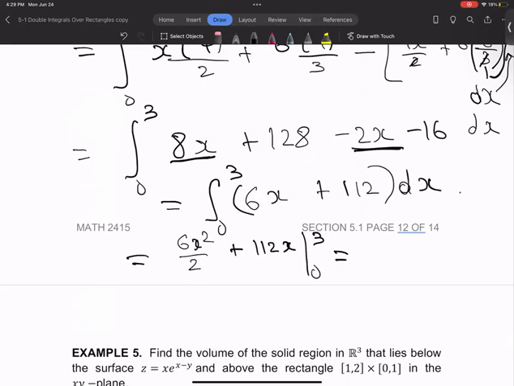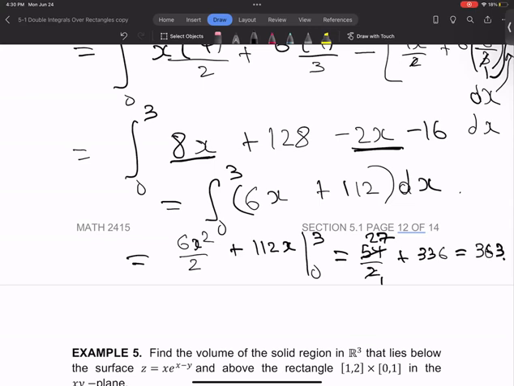So I evaluate at 3: 3 times 3 is 9, 9 times 6 is 54, divided by 2 is 27, plus 112 times 3 is 336, minus 0. So that's 363.